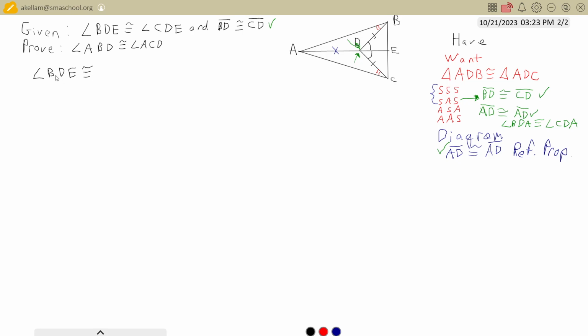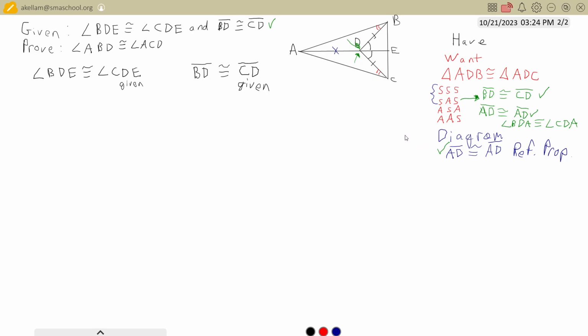So I have angle BDE is congruent to angle CDE, and I have that BD is congruent to CD. These are both just given, and we'll make a quick note: given, given.